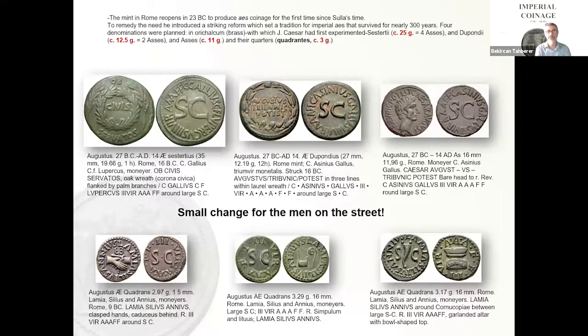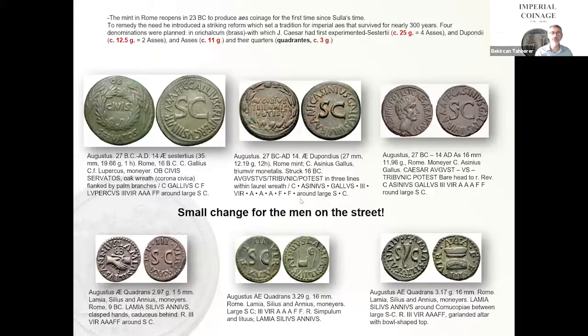Augustus continued minting gold and silver, yet he could see the need for bronze coinage, small change, and he simply met the demand. And he didn't do that just because people needed it, because he could make money out of that. And he established 4 denominations: a sestertius, a dupondius, an as, and finally a quadrans.